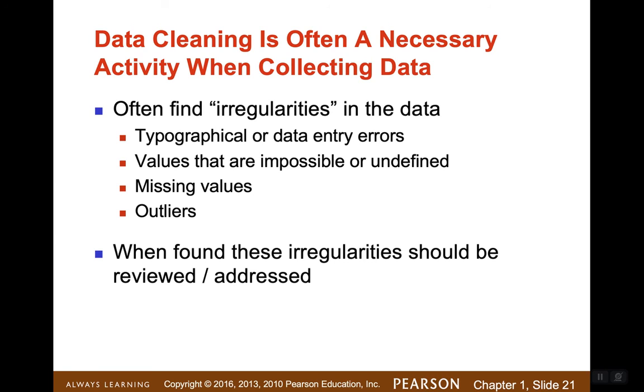It's only going to be as good as the numbers are. So one of the activities when working with data is identifying irregularities, then reviewing and addressing them. We call it data cleansing, and it's part of our first step when working with data.